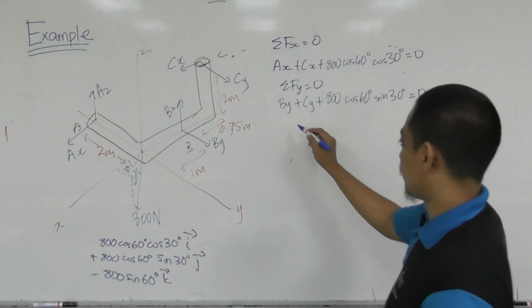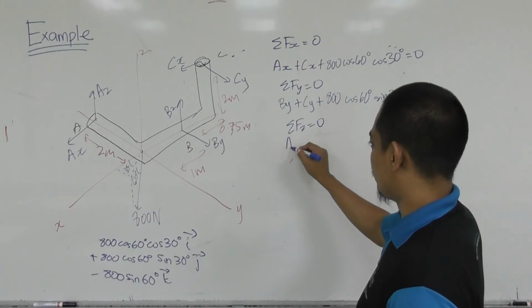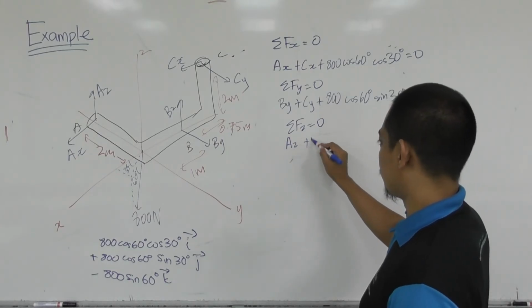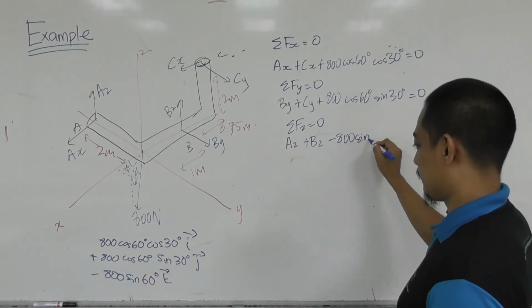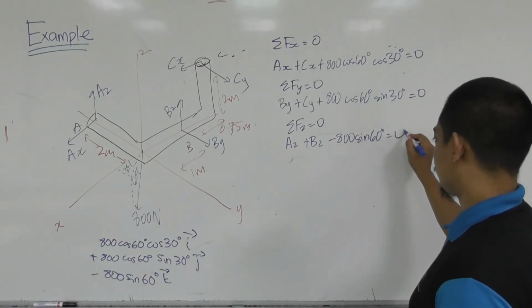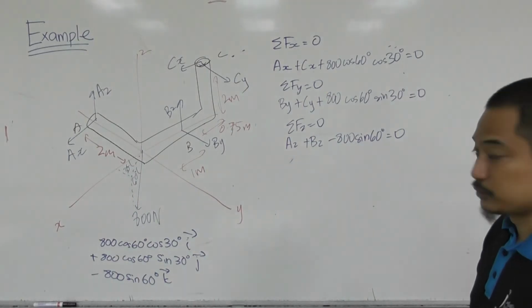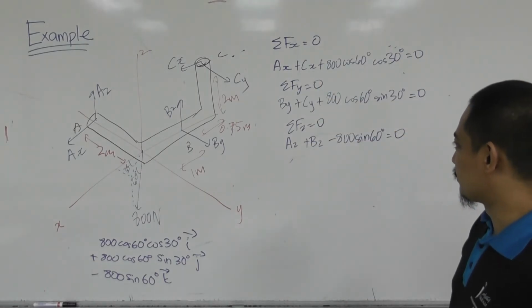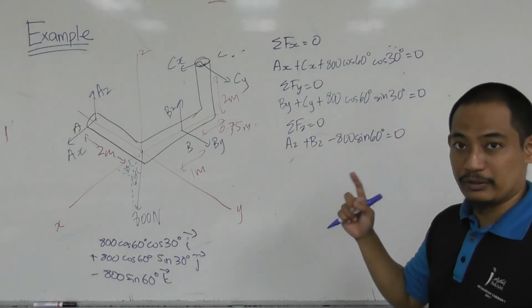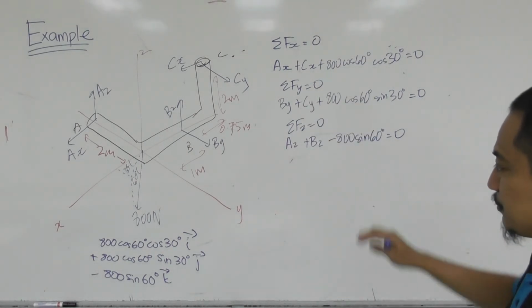Summation of Fz equal to 0: Az plus Bz minus 800 sin 60 degrees equal to 0. So far every unknown is mentioned only once, so you cannot solve anything yet. You have to combine with the moment equations.